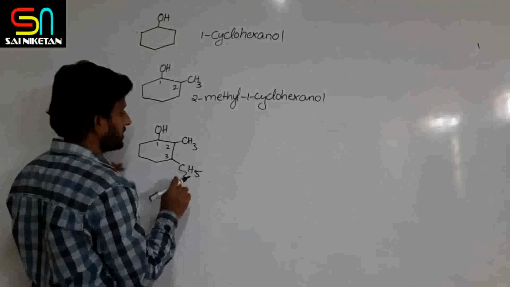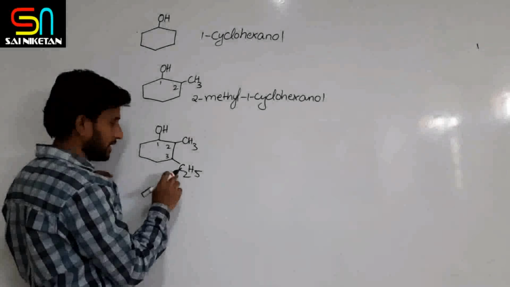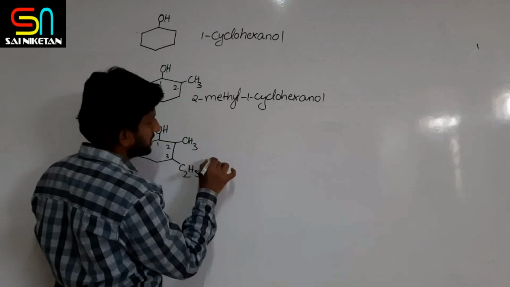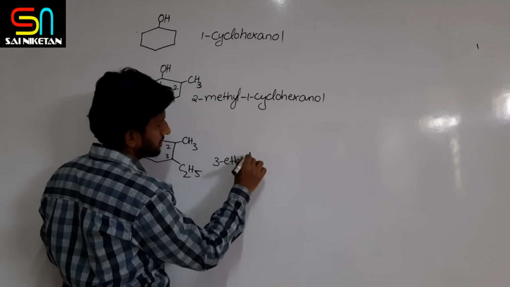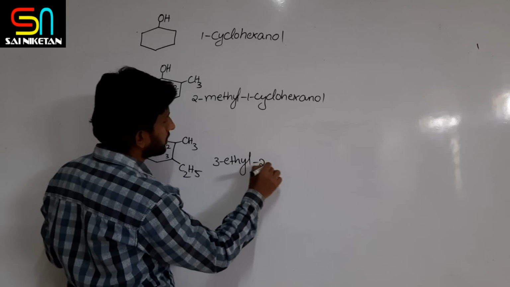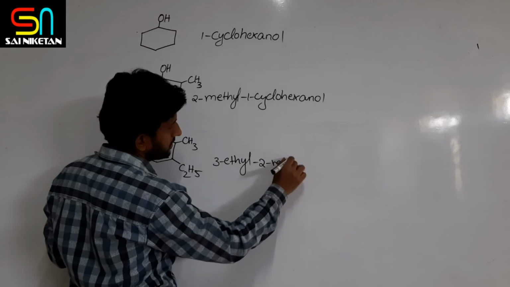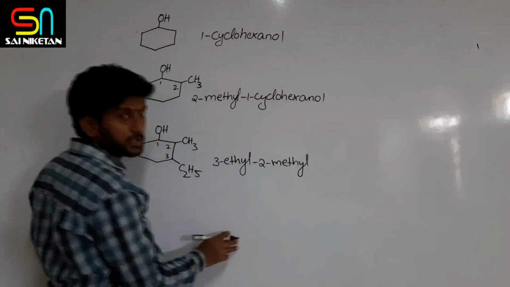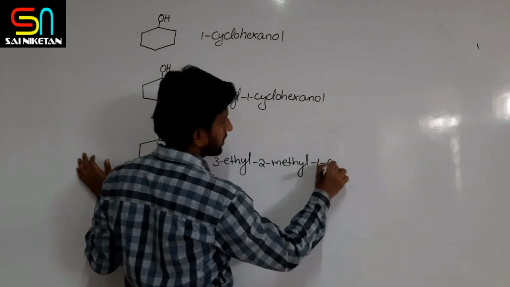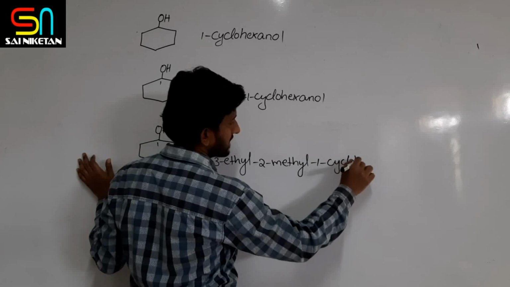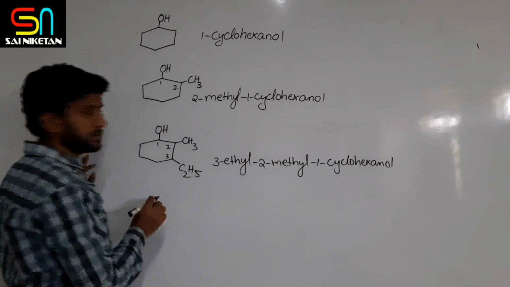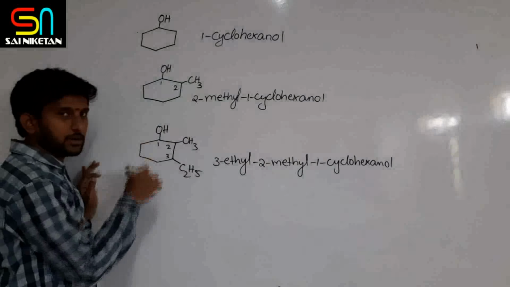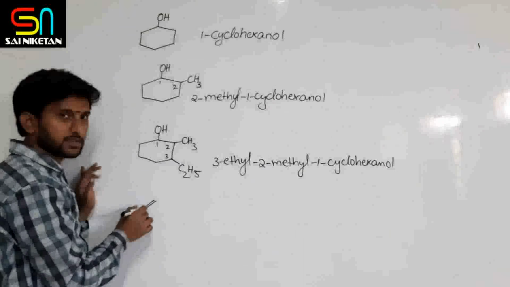So what will be the alphabetical order? Ethyl and methyl. Ethyl must be first. That means the name of the compound is 3-ethyl-2-methyl-1-cyclohexanol. So this is about cyclic compounds, cycloalkanes examples.